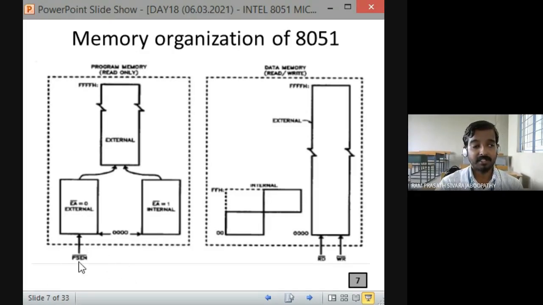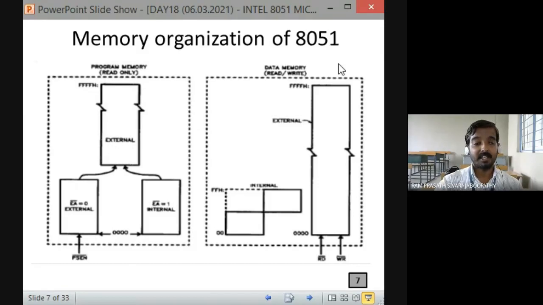What is the abbreviation for this signal? PSEN stands for what? Whenever your 8051 microcontroller is executing the program from external memory, it has to read the instruction from the external ROM, correct? For that we have the signal PSEN bar. Yes, very good: program store enable signal. So whenever the 8051 is fetching the program from external program memory, this PSEN bar signal is used as a read signal.